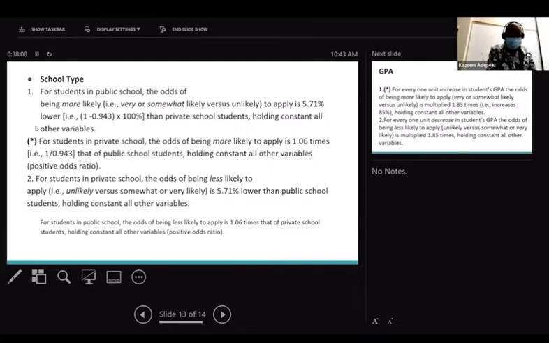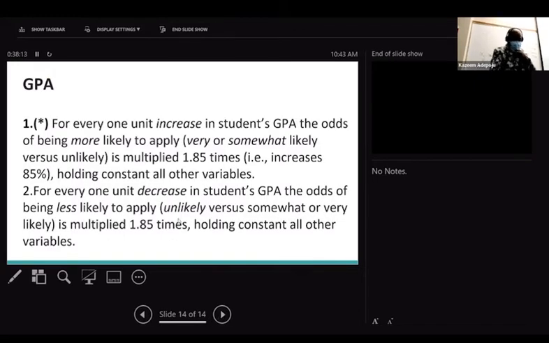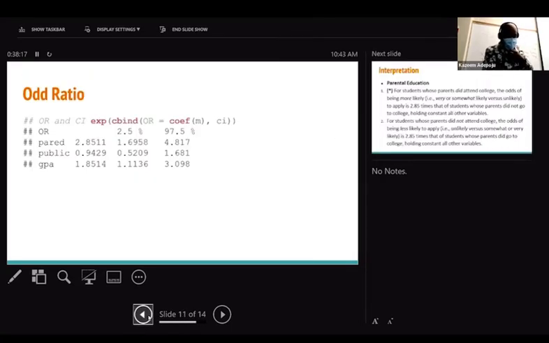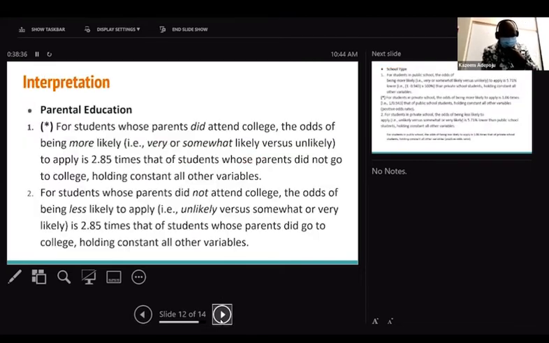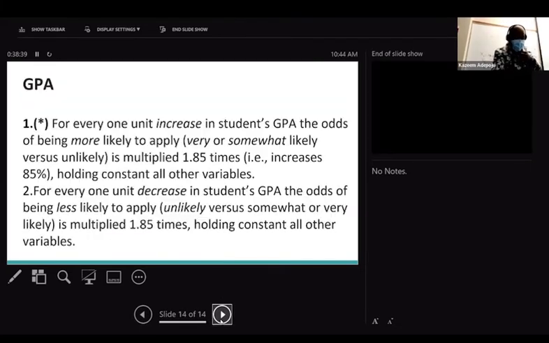Now you're going to do the same thing for the GPA. When you go back to the odds ratio for the GPA, it is 1.85, 1.8514, because what could influence you to say you want to apply to graduate school depends on your GPA. You know that, right? Now, how are we going to interpret that 1.85?